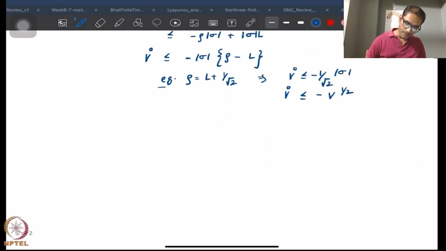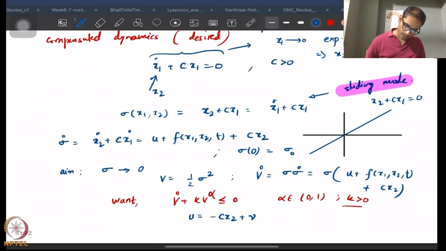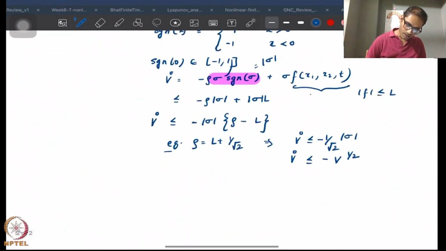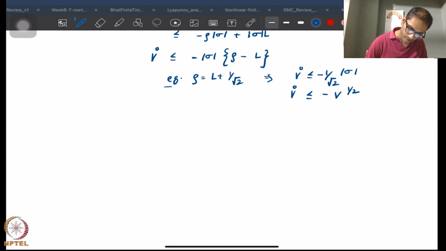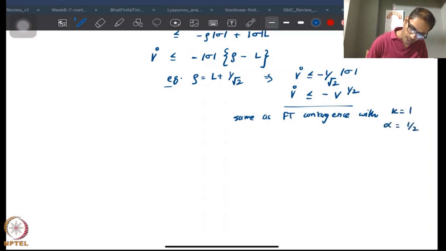And this is very similar to what we wanted. If I take k equal to 1, it is the same as finite time convergence with k equal to 1 and alpha equals half.